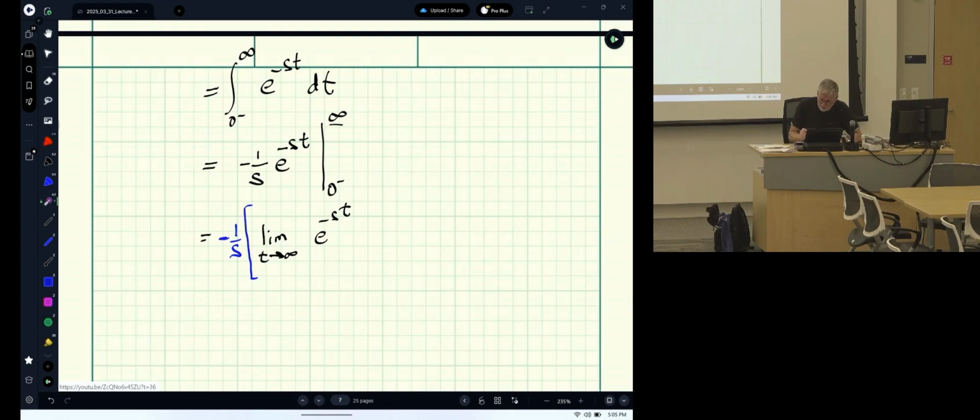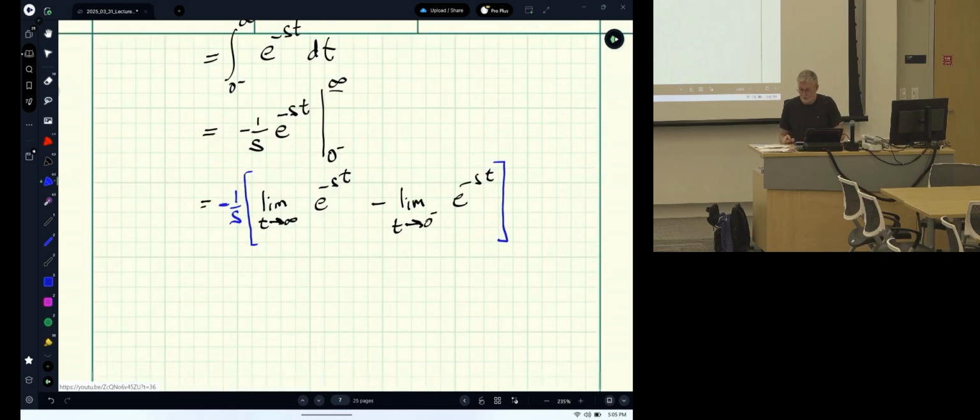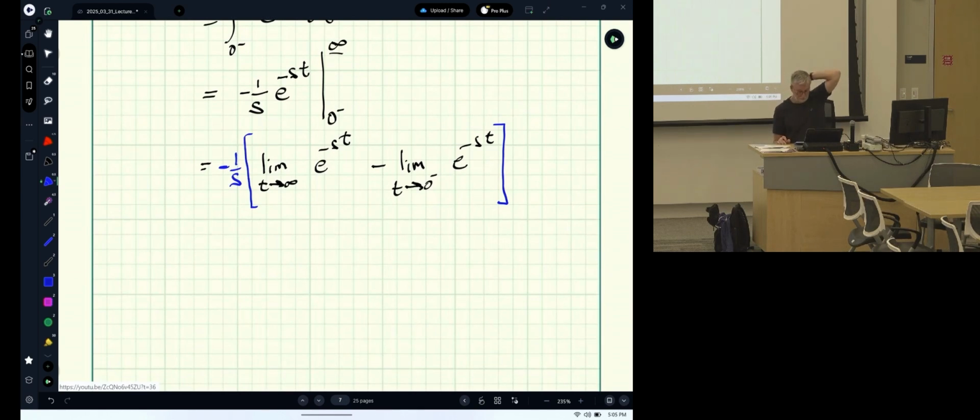And I'm writing it out as, yep, I have to do the limit, okay? And then the second thing is minus the limit as t goes to 0 minus of e to the minus st.